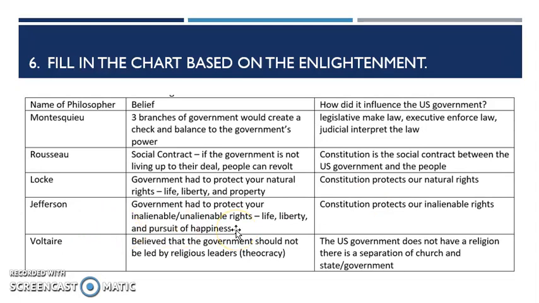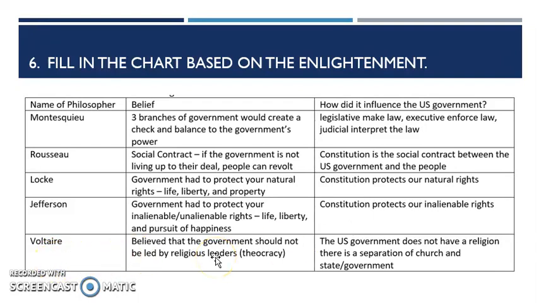Jefferson takes from Locke, but he borrows some, but not all, and he changes natural rights to inalienable or unalienable rights, and he calls them life, liberty, and the pursuit of happiness. Again, this is what the Constitution is supposed to protect. So it protects our natural or our inalienable rights.